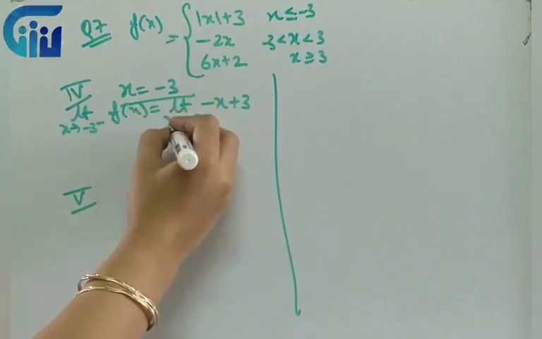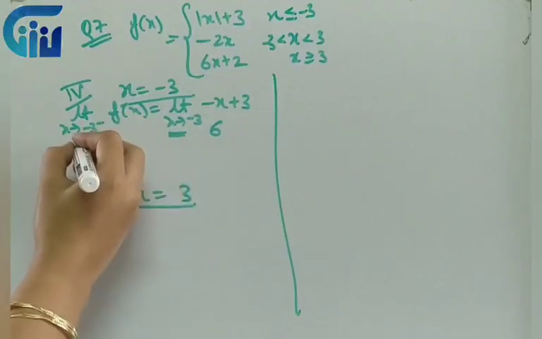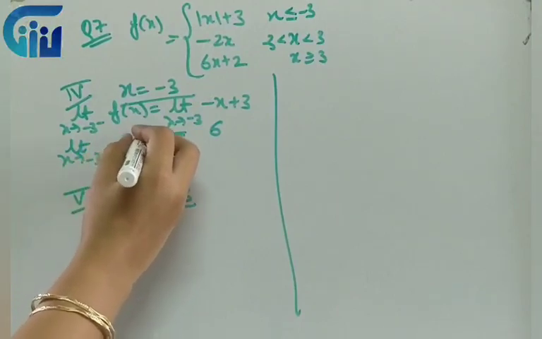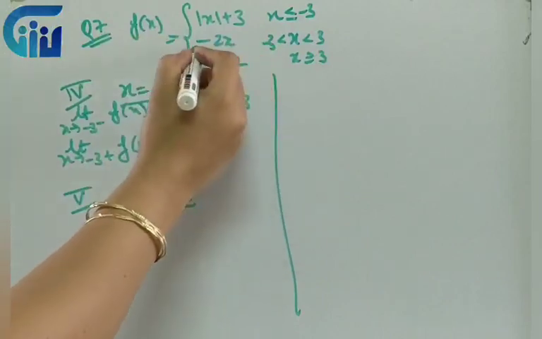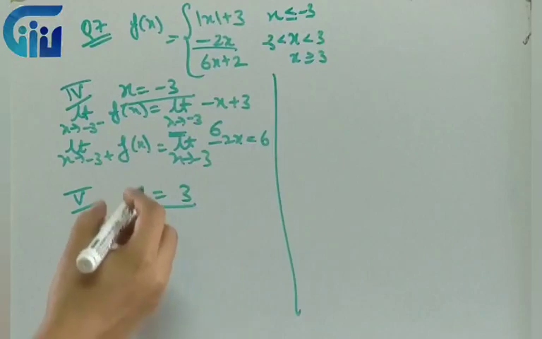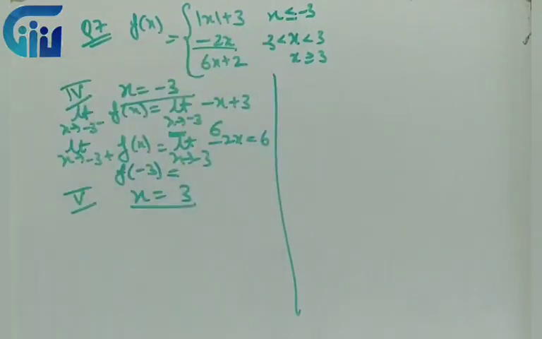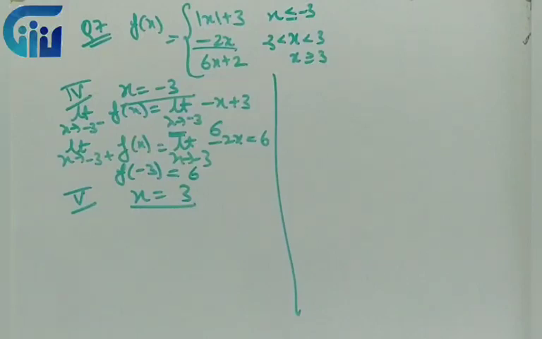If I put the value, I will get 6. Similarly, limit x tending to minus 3 plus means greater, so it is minus 2x. Again if I put minus 3, I will get 6. So f of minus 3, I will put in the function where I have the equal to sign, and again it will come out to be 6. All the three are equal. It means the function is continuous at x is equal to minus 3.